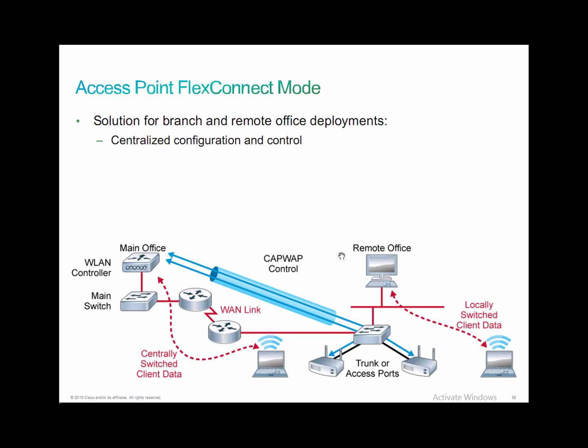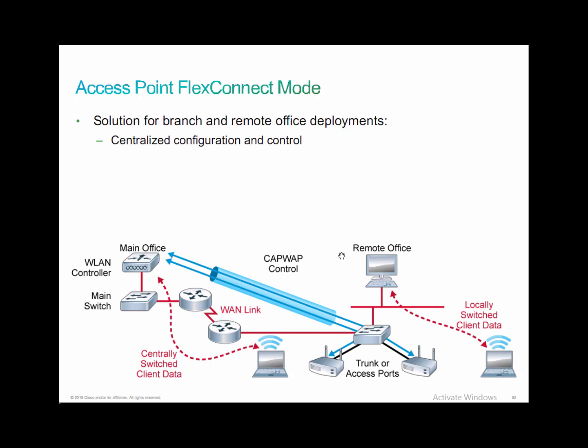If you have sufficient bandwidth over the WAN, you may choose to send all the traffic back to the controller so you can control what happens to that traffic on that local LAN. But if you don't have a lot of bandwidth over the WAN, maybe you just want to switch that traffic locally at the local switch, and you can set up some security properties there. That's what a FlexConnect AP does.